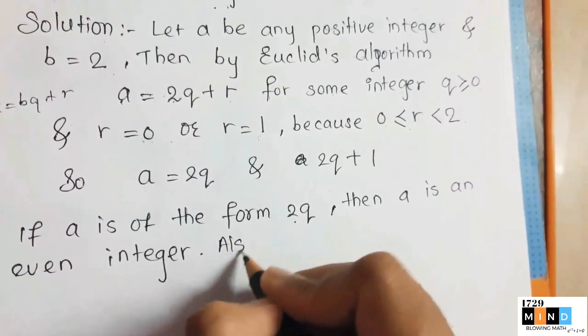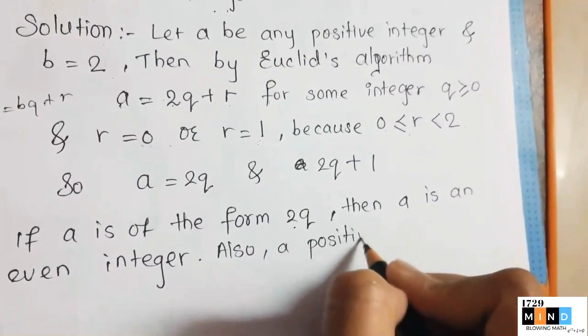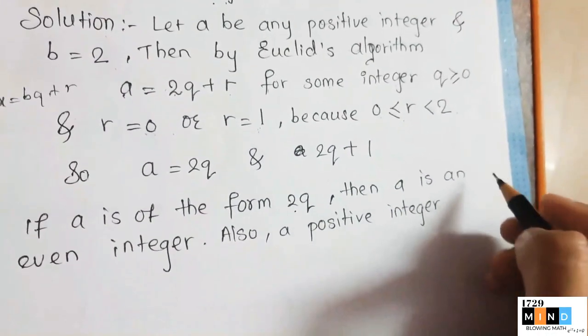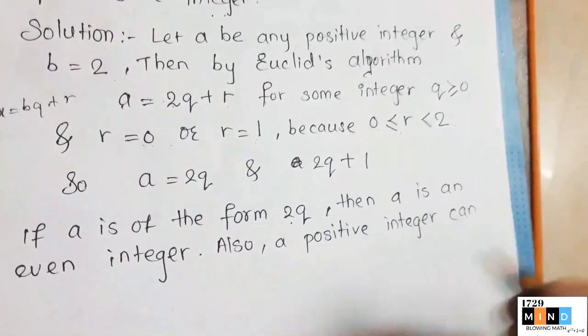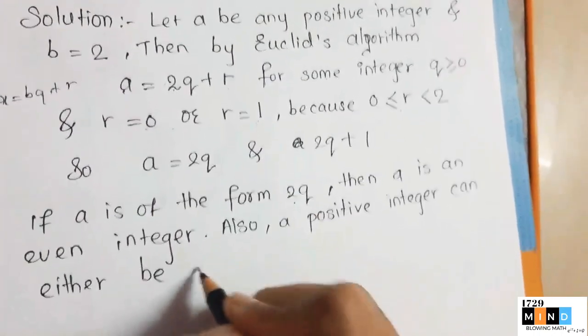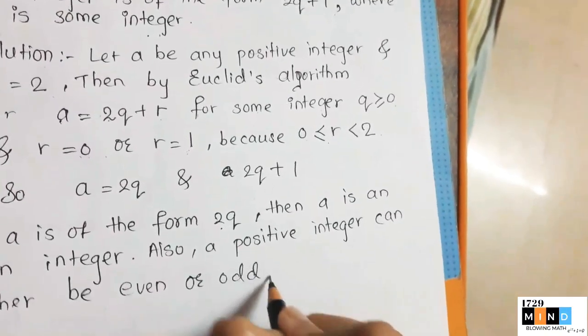Also, we know that a positive integer can be either even or odd.